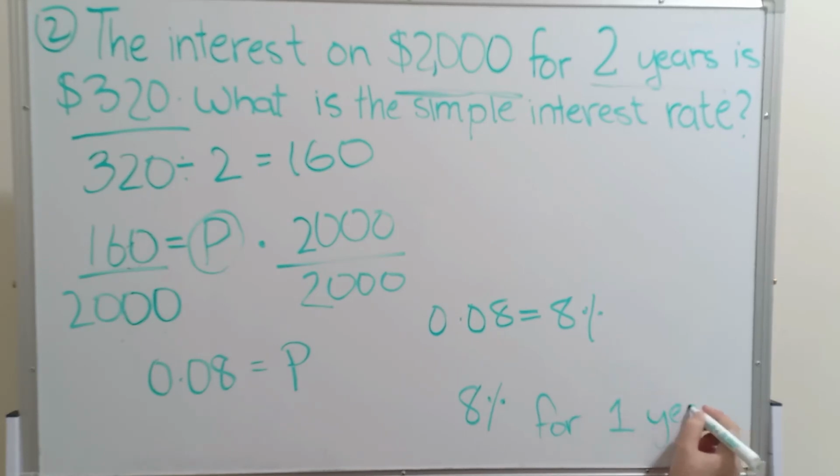Okay, so that is it for today's video. But one thing you guys need to keep in mind is that when finding the interest rate, we are given the interest amount. So what we need to do is, no matter what time period we're given the amount for, meaning for 5 years, for 10 years, for 2 months, we're going to have to turn it into an amount for 1 year.